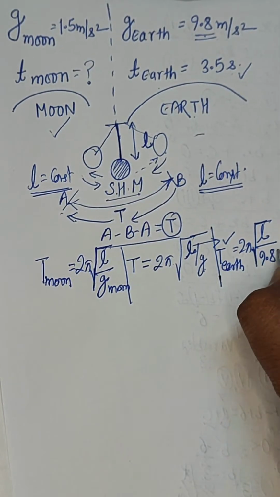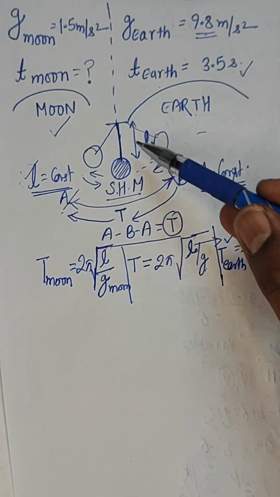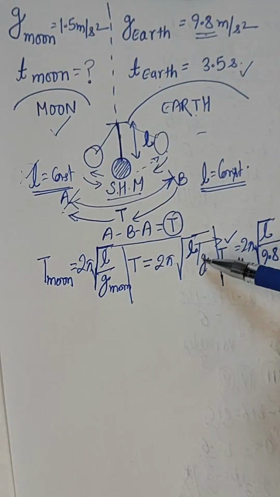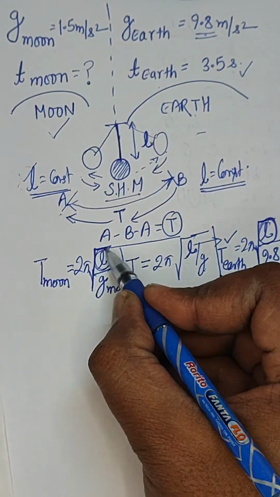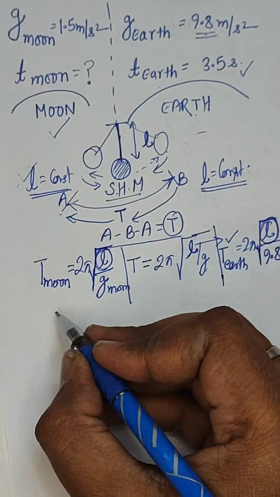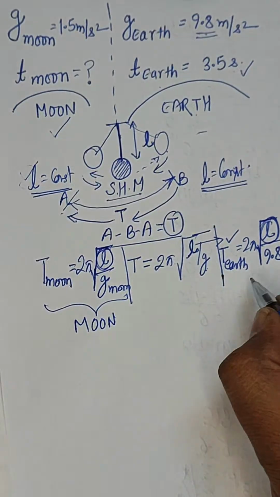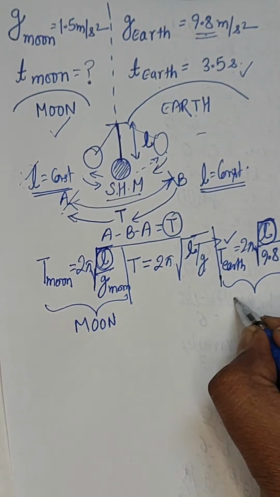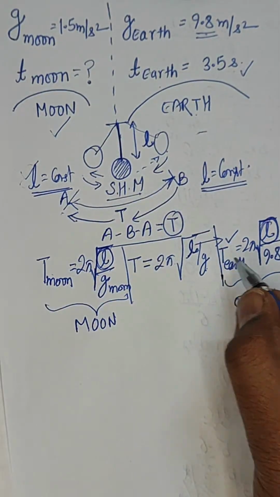Since we have considered L as constant, as per the formula, this L and this L are the same. This is the condition on moon and this is the condition on earth, which is basically the time period.